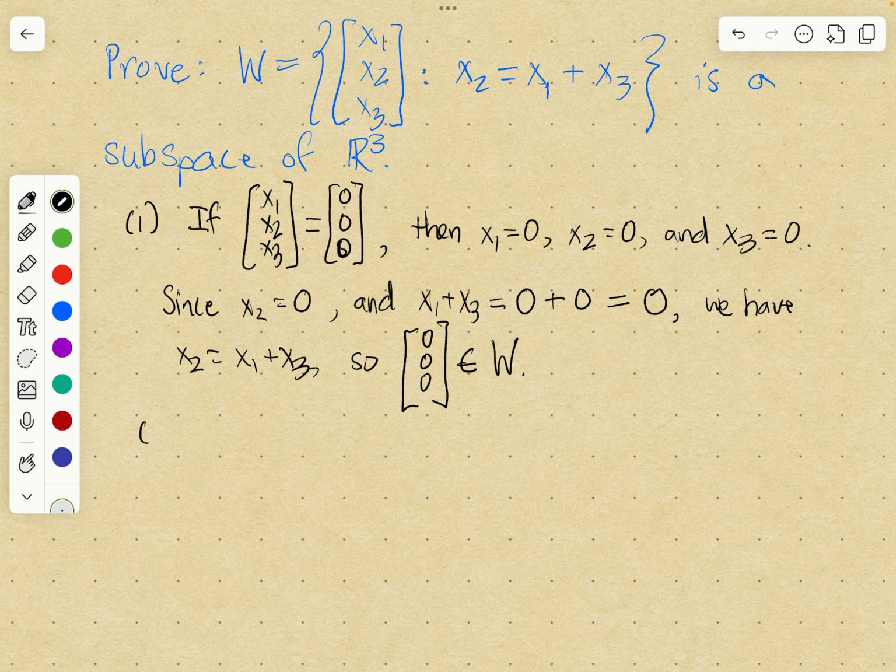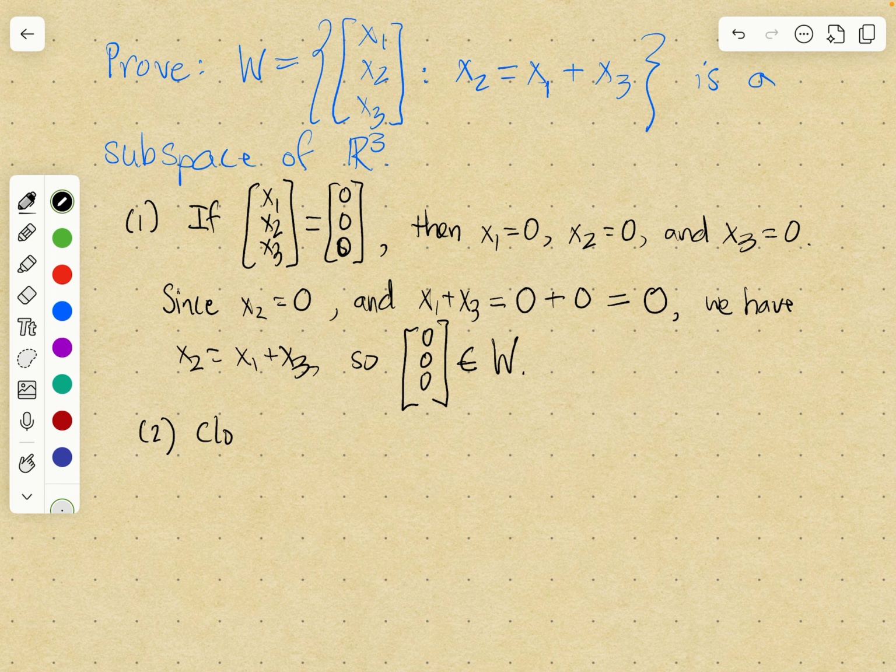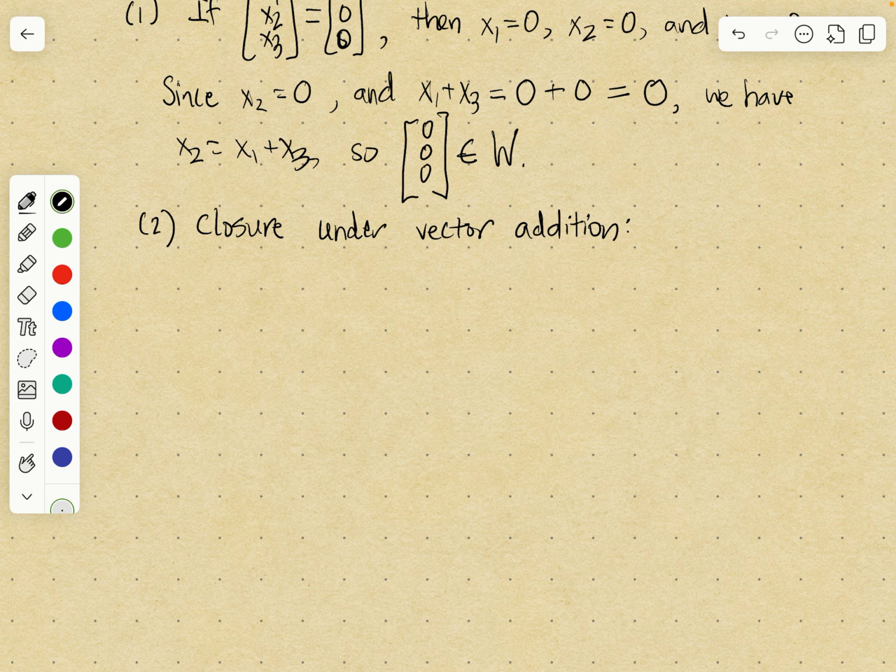Okay, the next thing is closure under vector addition. Recall what that means: whenever you have two vectors in W and you add them, the result, the sum, is also an element of W. So what do we need to do?